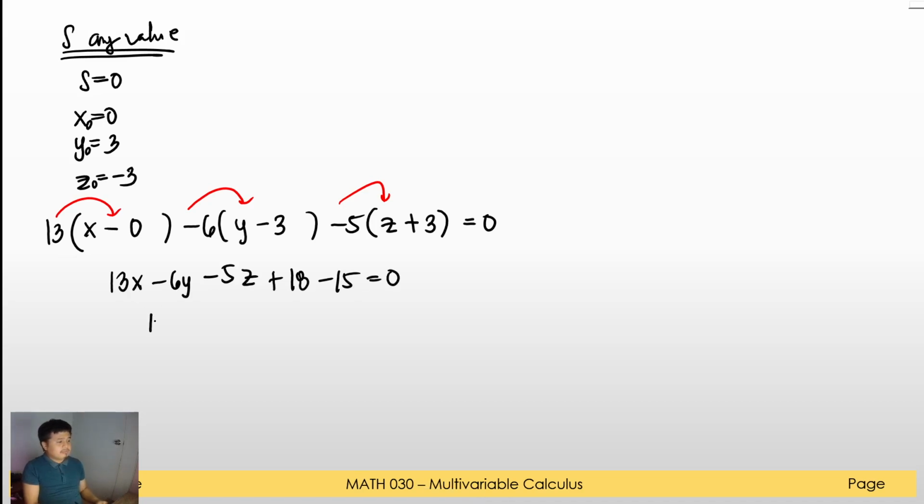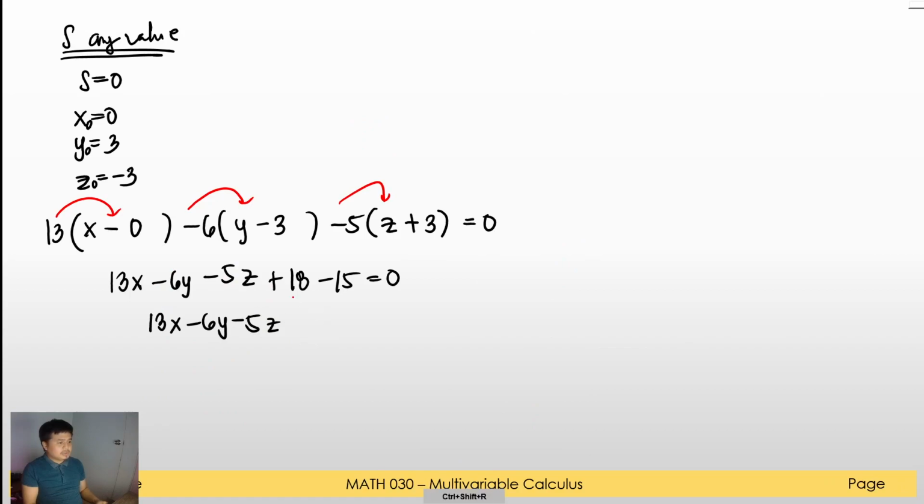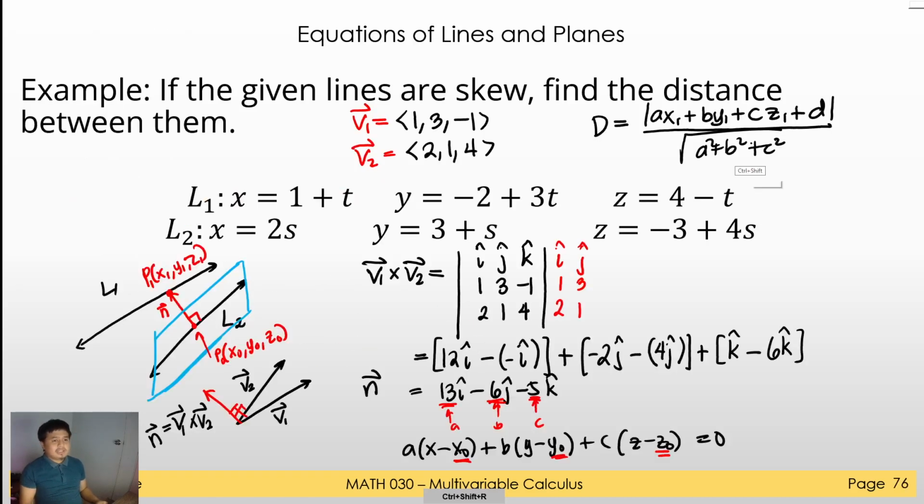So simplifying this, we have the equation of a plane that represents this. We can simplify the constant as plus 3 is equal to 0. So therefore, we have a value for D. D is equal to 3.